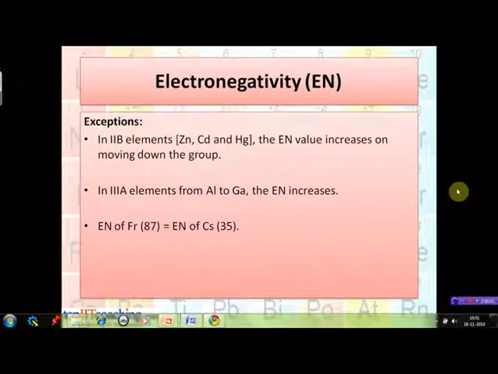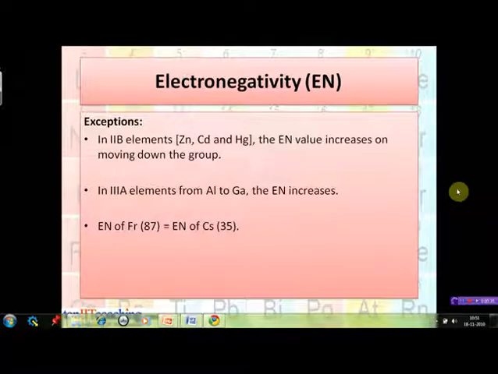But there are certain exceptions to the periodic trends in the electronegativity values that we have just discussed. In group 2B, which consists of the elements zinc, cadmium, and mercury, the electronegativity value increases on moving down the group instead of decreasing. Similarly, in group 3A also, the electronegativity value increases from aluminium to gallium instead of decreasing.